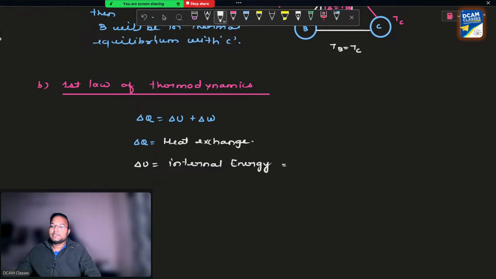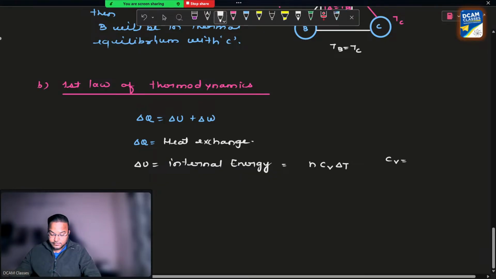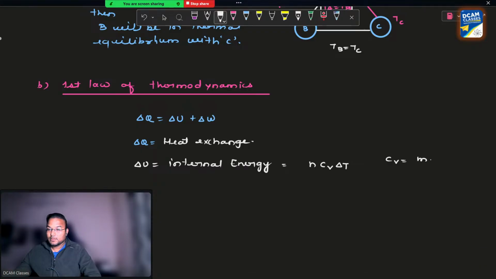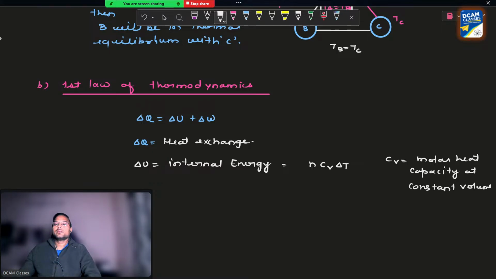Okay, and you will come to know later that delta U is actually constant. In kinetic theory of gases, they say it is nCv delta T. Cv is the heat capacity at constant volume. Internal energy depends only on the temperature difference.